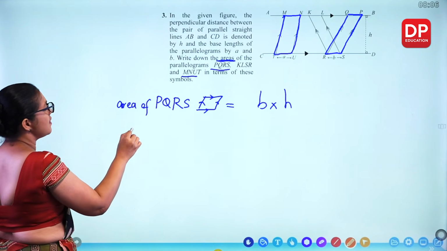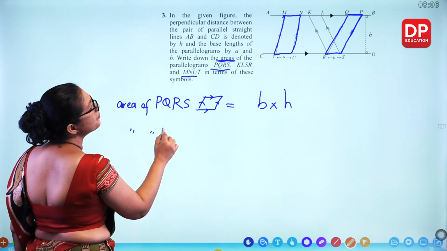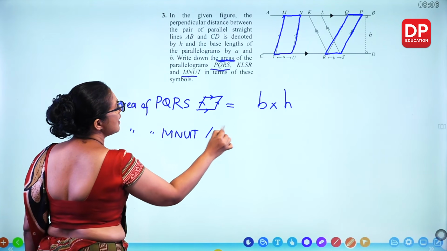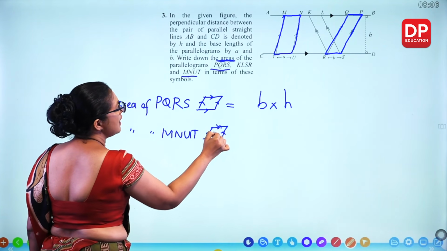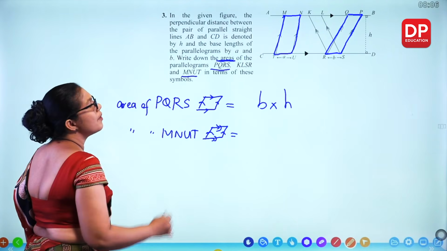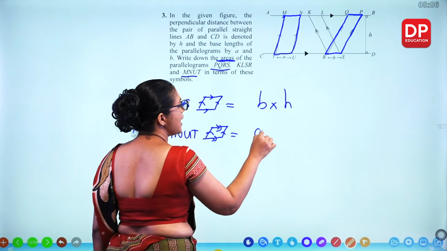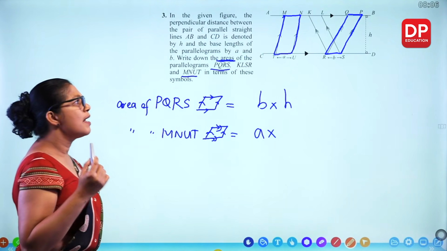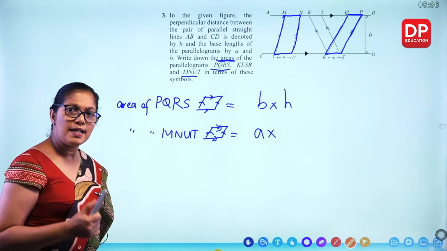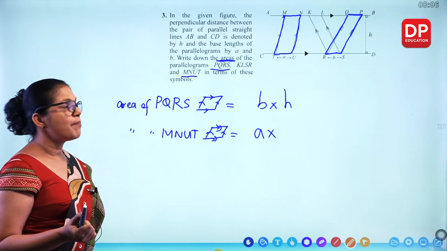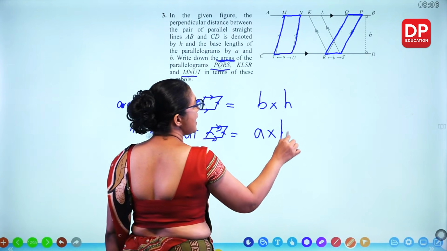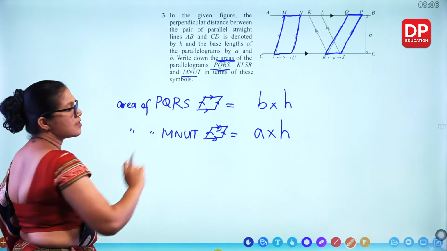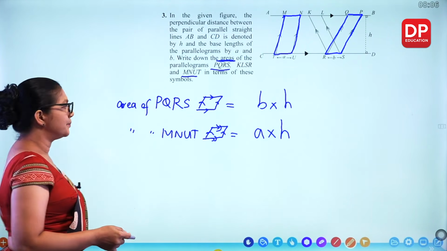When you take the other parallelogram MNUT, how can we find out the area? Now the base is a, a times the same perpendicular height because both parallelograms are between the same pair of parallel lines. a times h. So that's how we write down the area.